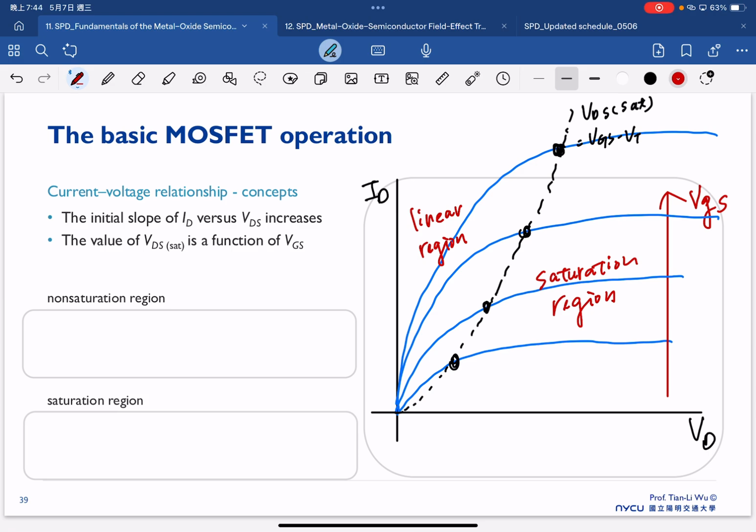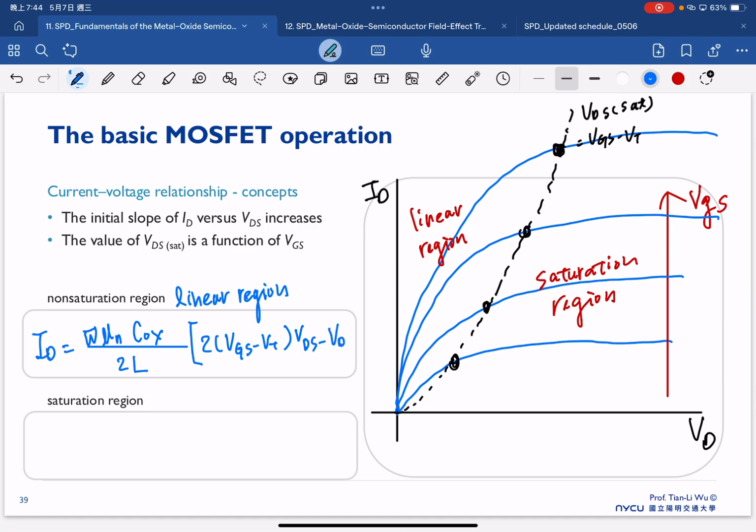So in the case of the non-saturation region, or more generally the linear region, we have the current equation as shown here, where drain current is equal to channel width over L, mobility, Cox, and 2 times VGS minus VT VDS minus VDS squared.